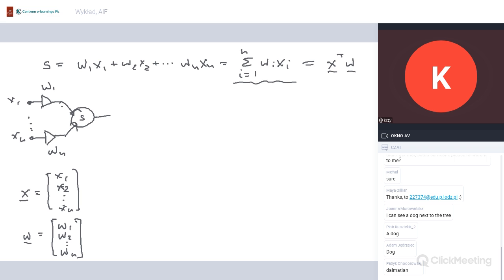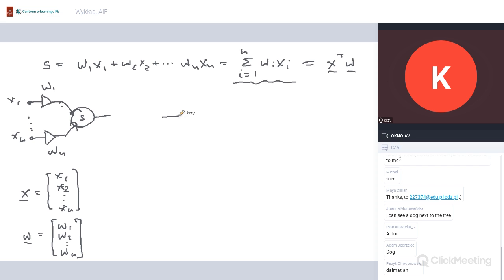So we are partly done with modeling a neuron. A neuron is a device that accumulates input data, to be more specific, it accumulates a weighted sum of input data. But what happens next?